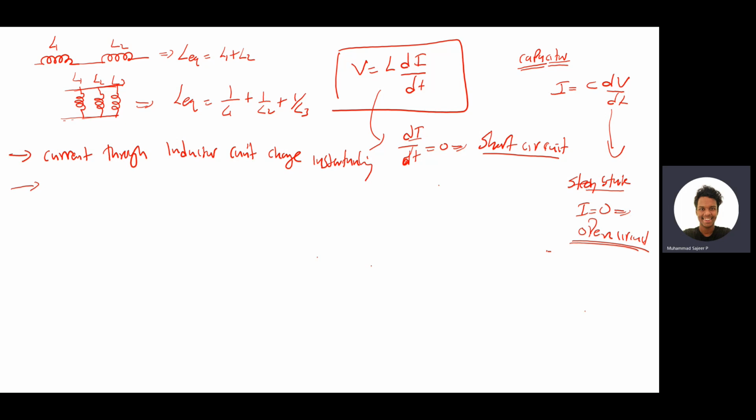And in the capacitor, the voltage across the capacitor cannot change instantaneously. So that's the idea. For the inductor, you cannot change the current instantaneously. For the capacitor, you cannot change the voltage instantaneously. And yeah, I think that's about capacitors and inductors.